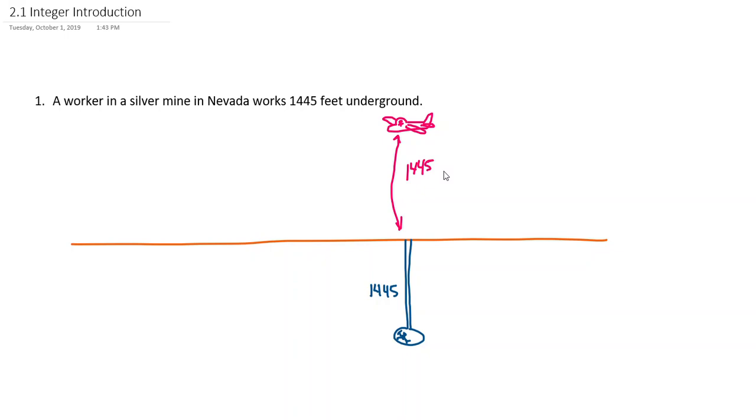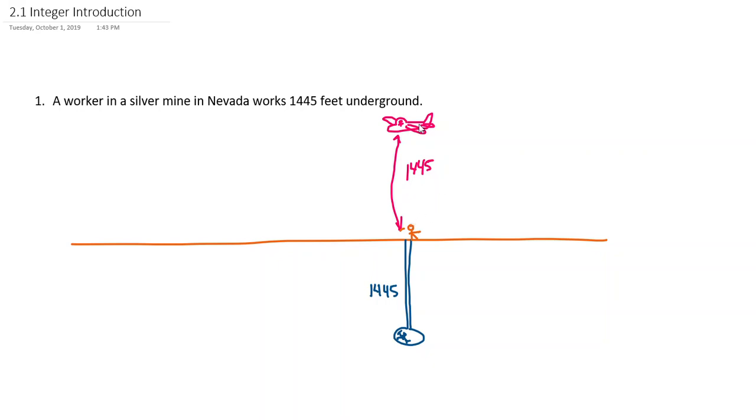Because if I said, I want the guy who's 1,445 feet away from, let's say, me standing right here on the ground. Let's see, what do I look like? Well, let's see, no hair. There we go. So which is the guy who's 1,445?